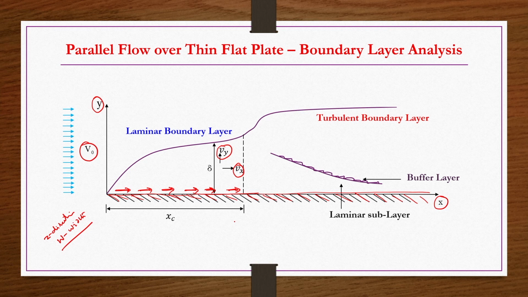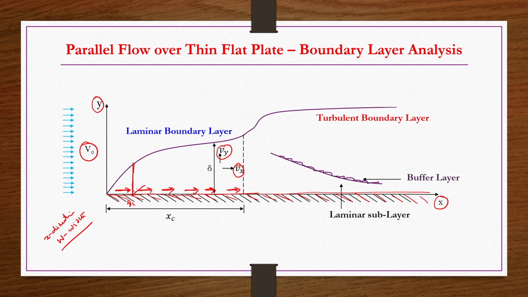For example, let us take this location, which I am calling x1. If I draw the velocity profile, how does it look? That we are going to see.